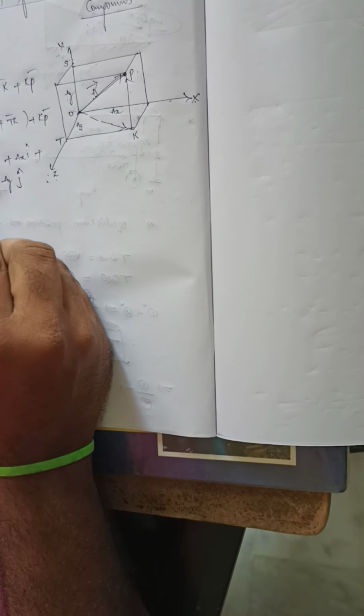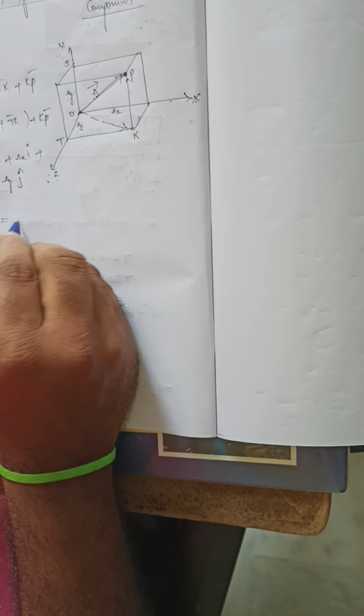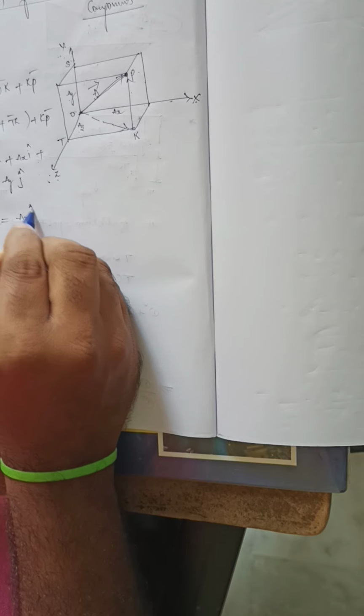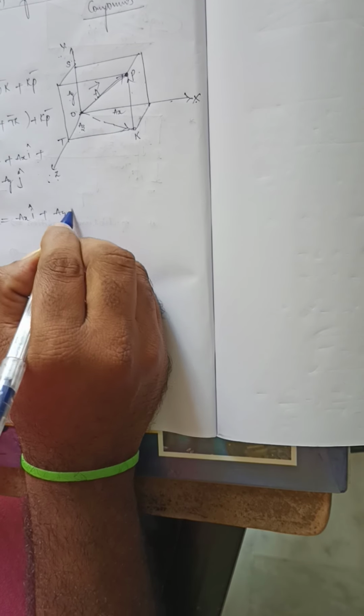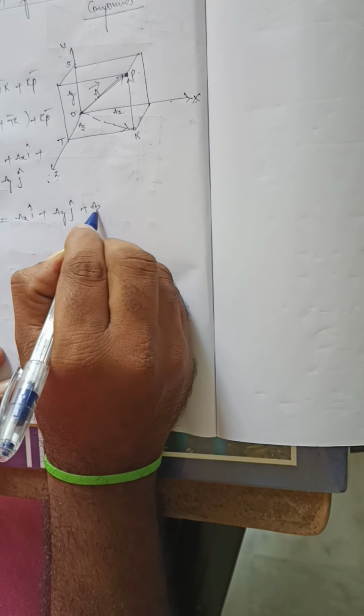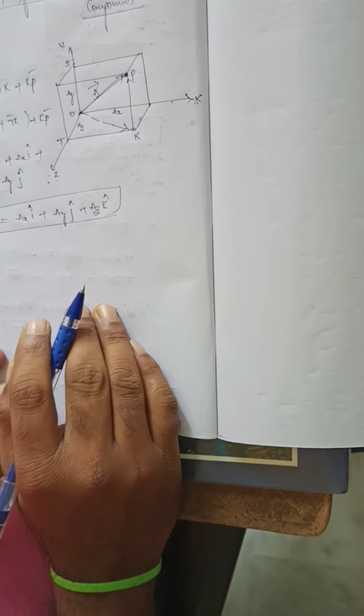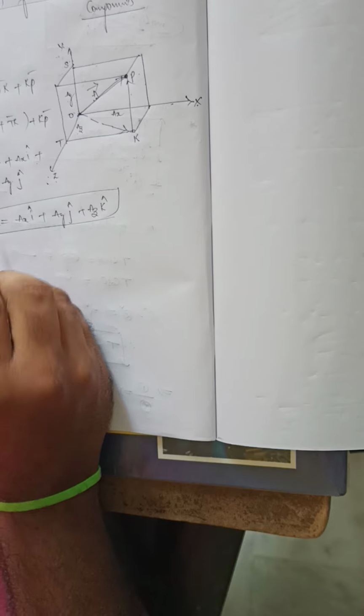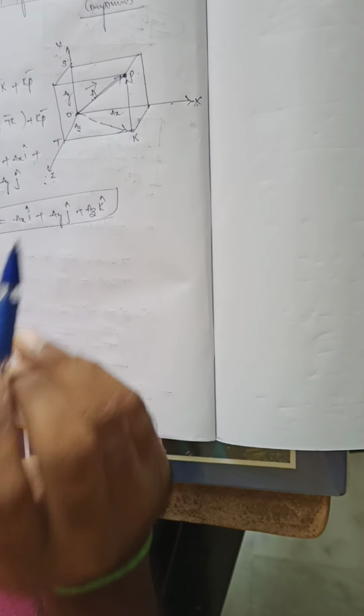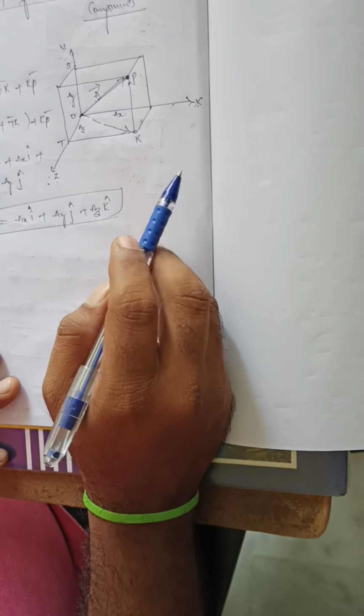Therefore OP bar is nothing but a bar, so a bar is equal to AX i cap plus AY j cap plus AZ k cap. This is the vector notation of a bar in xyz space.